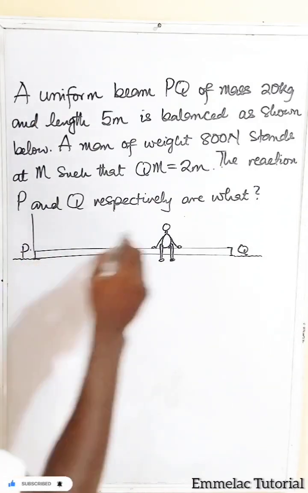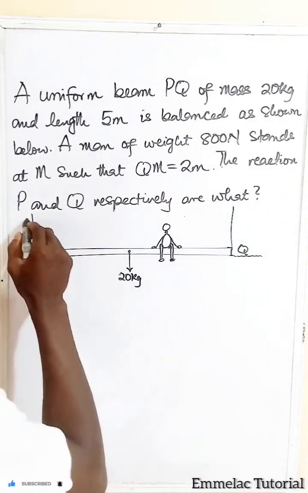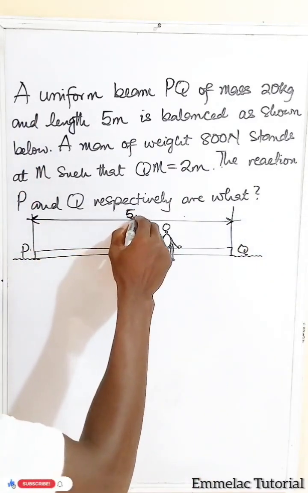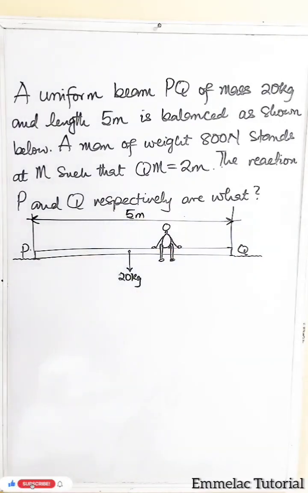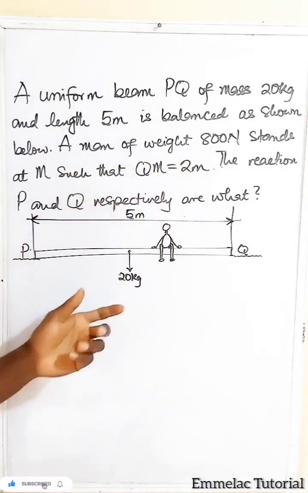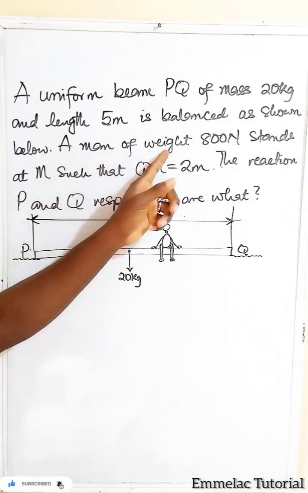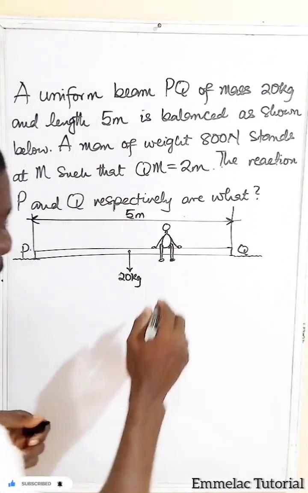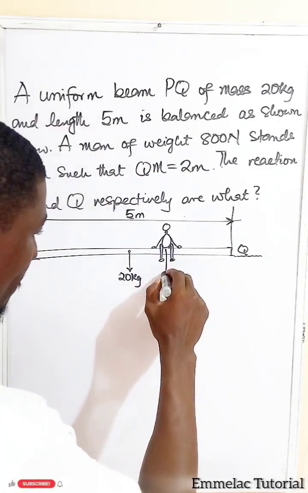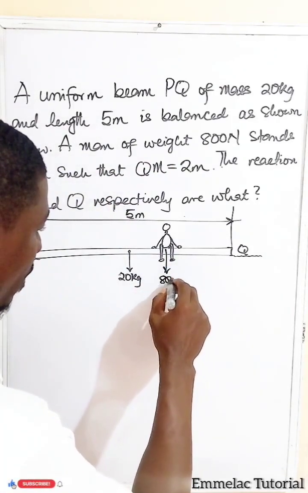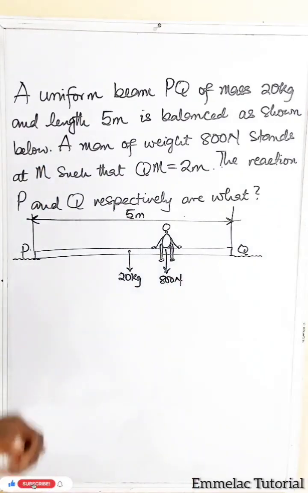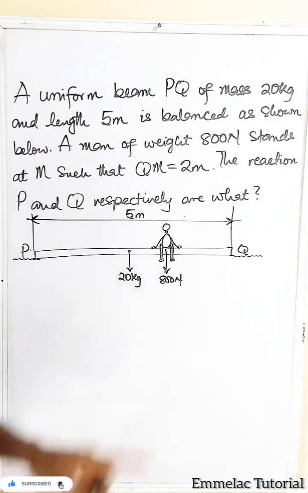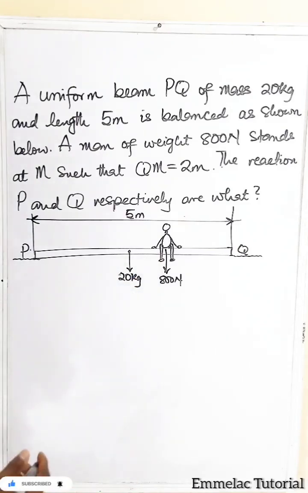So let me quickly do that. It is 5 meter, as shown below. Now a man of weight 800 newton stands on M. It's actually standing, but I drew it sitting down, all the same.